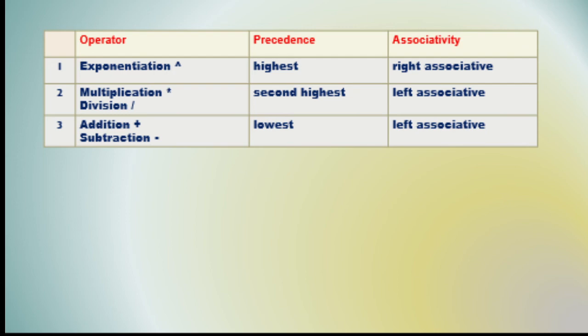Meaning in exponentiation, evaluation of expression having the same priority is from right to left, whereas in multiplication, division, addition, and subtraction, evaluation of expression having the same priorities are from left to right.